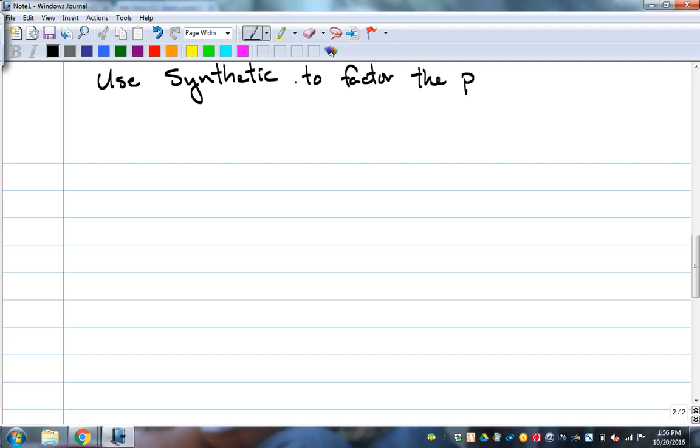Use synthetic division to factor the polynomial completely.